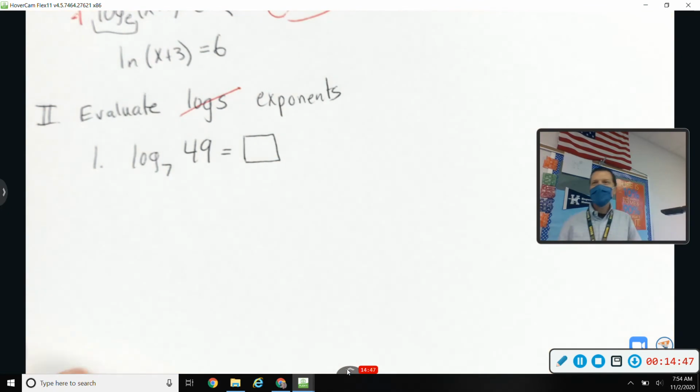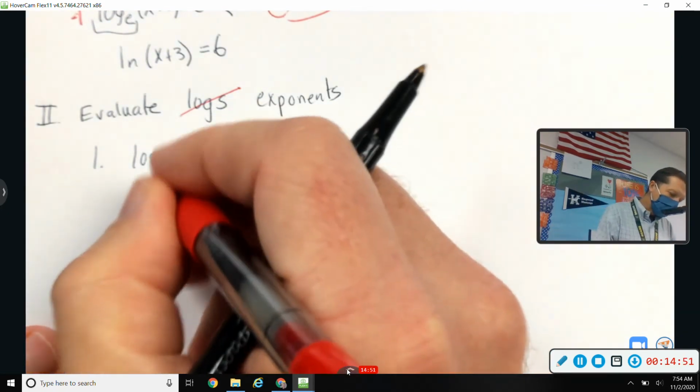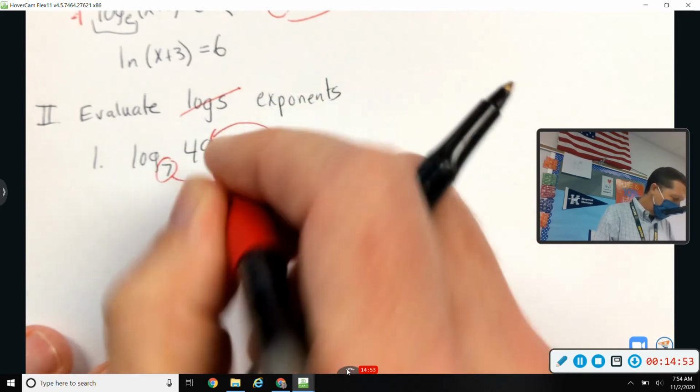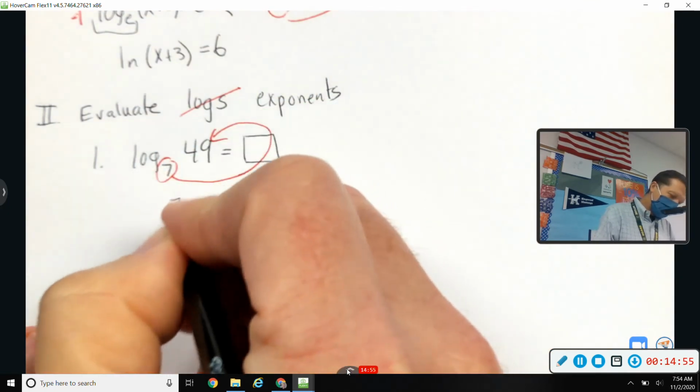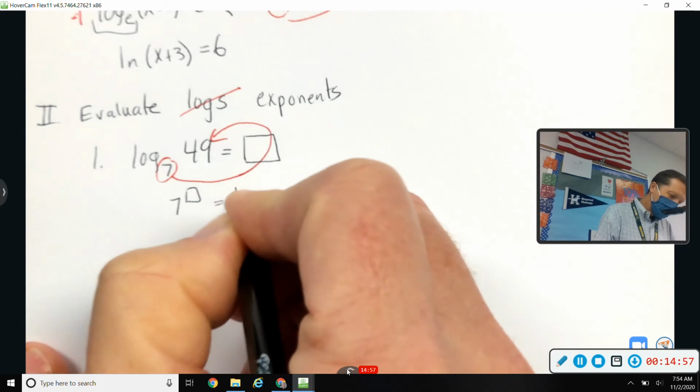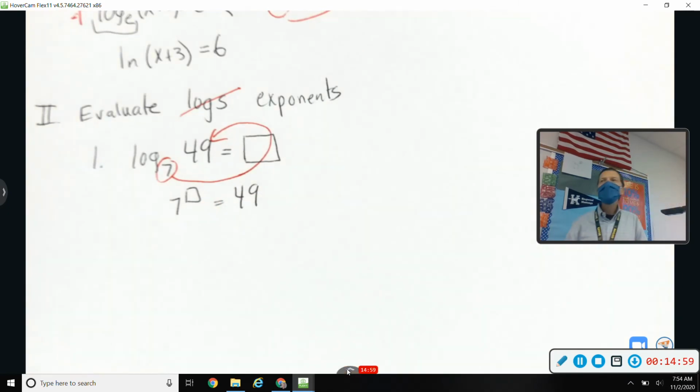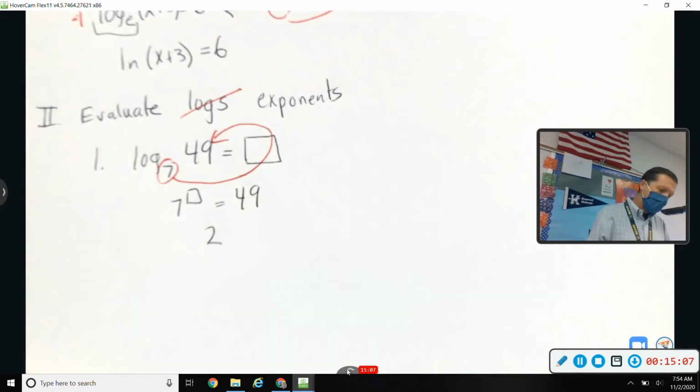I don't like logs, really. I'd rather work with exponents. So rewrite the thing as an exponent. So this means 7 to something equals 49. Hopefully when you write it as an exponent, your brain immediately says, oh, well, that's an easy one. That means the answer is 2. Log base 7 of 49 is 2.